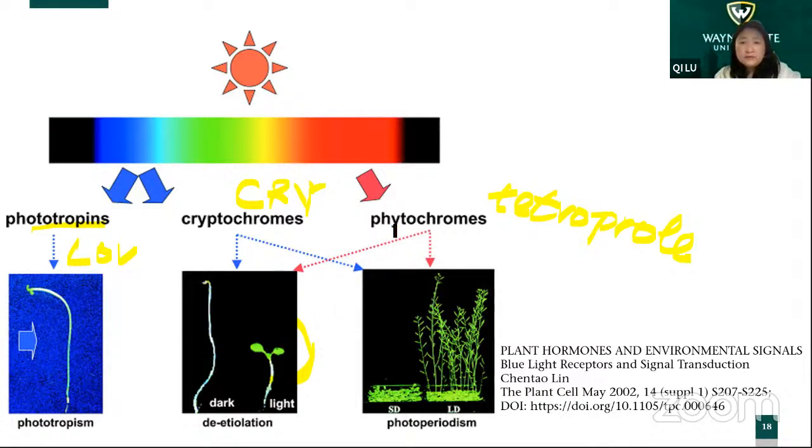And the phytochromes are also involved in cell and plant growth, differentiation, and morphology change. So all of these chromophores are receptors of the light signals.